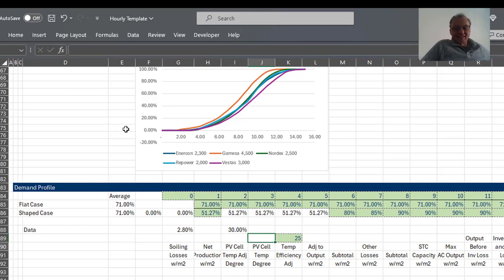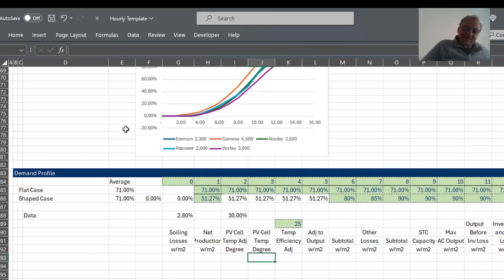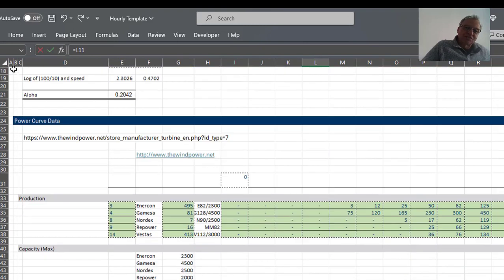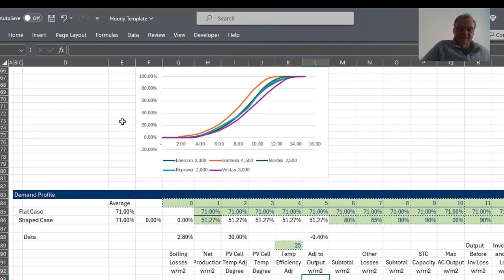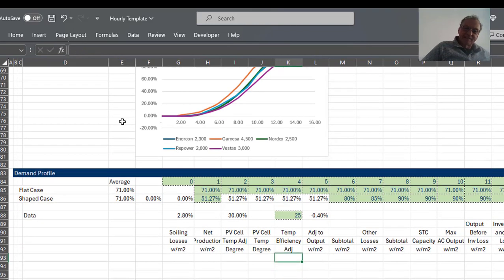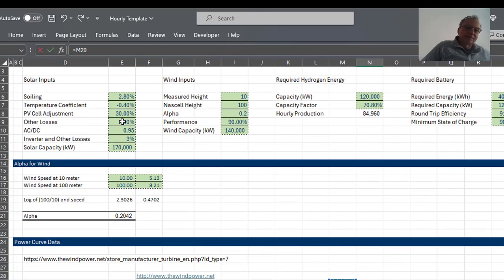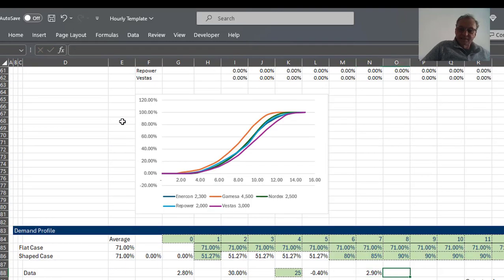And then we get the temperature at the panels, and finally up here we make a temperature coefficient, and I use this temperature coefficient. So we compare the temperature at the panel to 25 degrees, and then we make a temperature adjustment, and then we get a subtotal, and then we have some other losses, which I put as 2.9%.